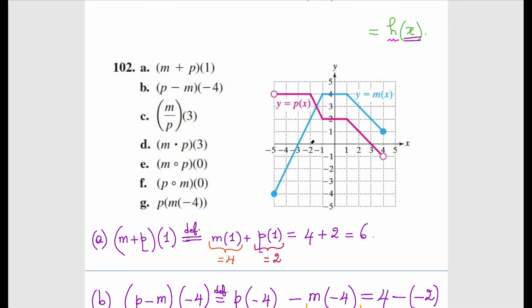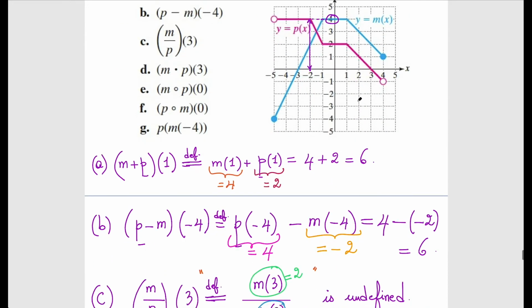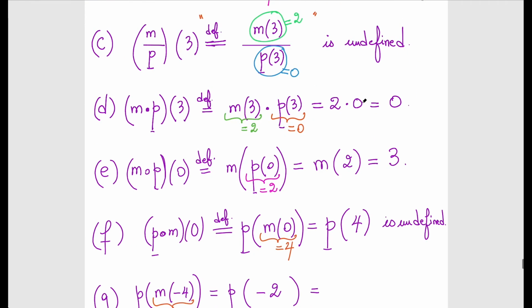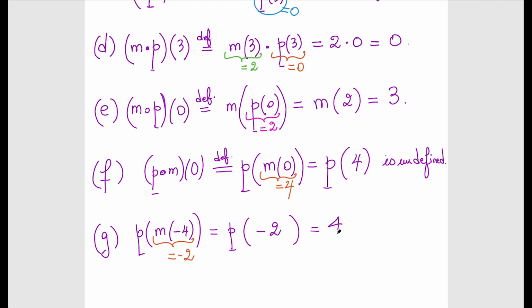It's right there. What value does this input take through the function P, which is the pink one? It takes this height, right? How much is this height? It's 4. Yes? So that's a 4 then. Okay. So P composed with M at -4 is equal to 4.